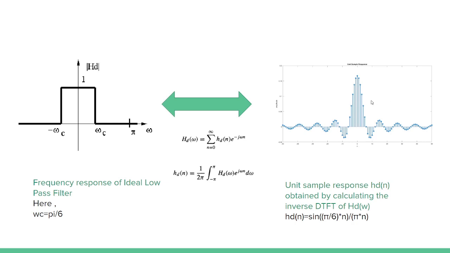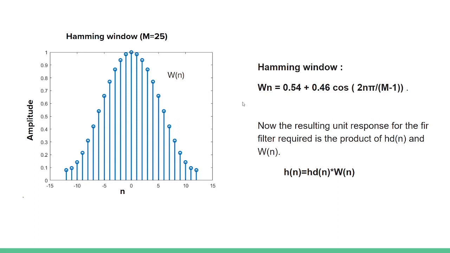By using a windowing function. Particularly here, we are going to use the Hamming window. The Hamming window is given by 0.54 plus 0.46 cos(2 pi n by M minus 1), where M stands for the number of taps. So the Hamming window would look something like this.